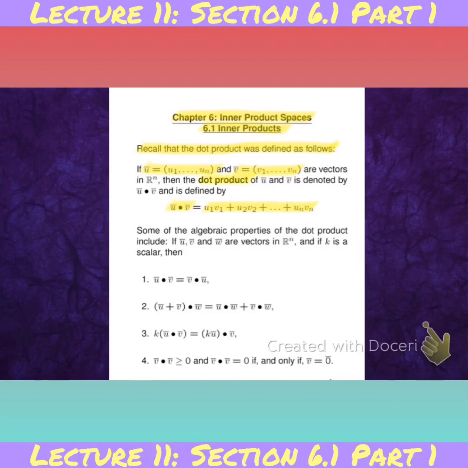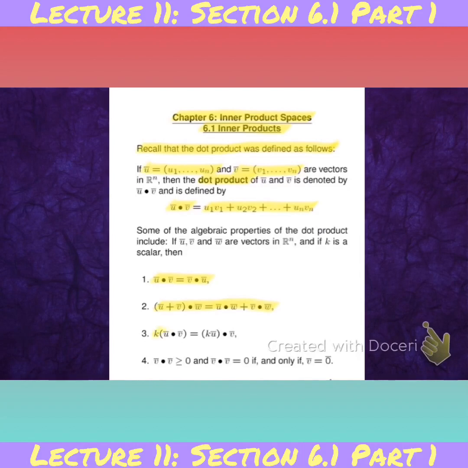Now, recall that the dot product had the following properties. Taking the dot product of u with v is the same as taking it of v with u. Also, if you have three vectors, the dot product distributes over the sum. In other words, if you take a dot product with a sum of two vectors, it's the sum of the respective dot products.